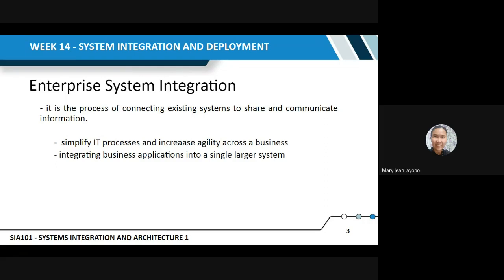Okay? So, if we're going to install a network or gagawa tayo ng system for a specific company, ang nasa mind dapat natin is ilalagay natin yung ating sarili doon sa gagamit. Kung pag ginamit ba nila ito, mahirapan ba sila? So you have to check that.